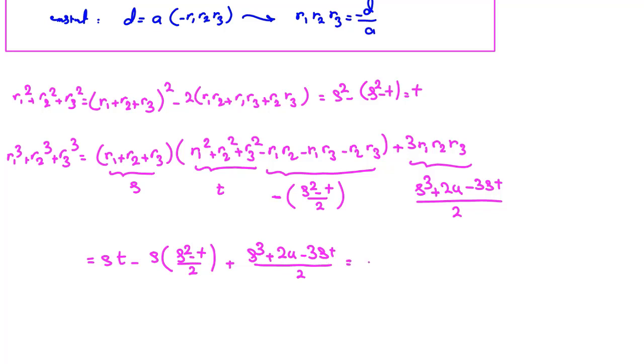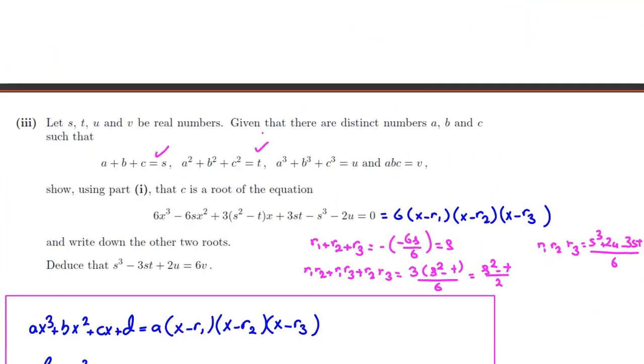If we use common denominator 2, it will be 2st minus s cubed plus st plus s cubed plus 2u minus 3st. Minus 3st with this part cancels, 2u over 2, so it's u. And now it says prove that a cubed plus b cubed plus c cubed equals V.